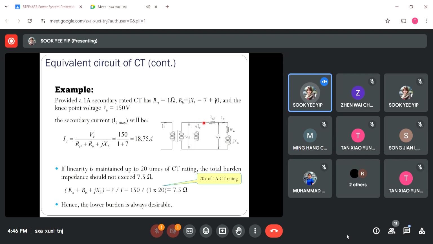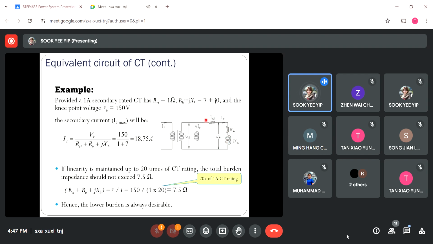I want to have this current transformer work for protection purposes. So I want to maintain the linear response from this current transformer up to 20 times of the current transformer's rating. So 20 times of 1 amp, which means that I'm expecting to have 20 amps flowing here.